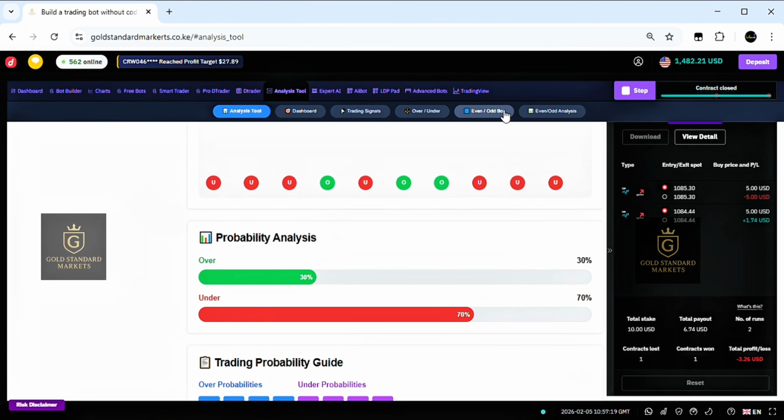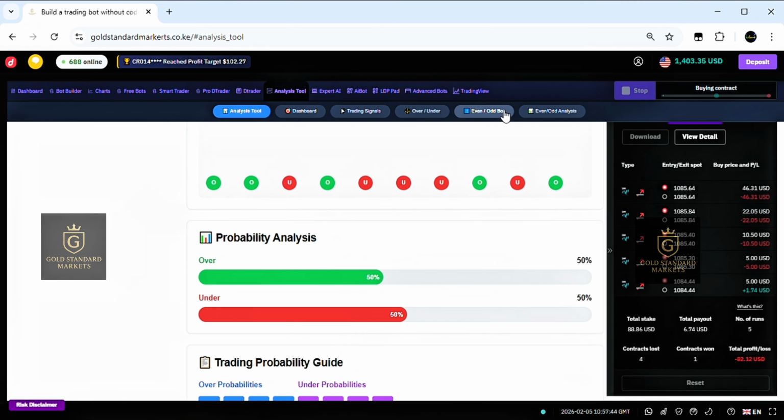So we are currently at $1,482. Wait, hold on. Let's take a profit. Let's get a profit, and then we can confidently give a figure to it. Let's hit a take profit, and then we can give it a figure.